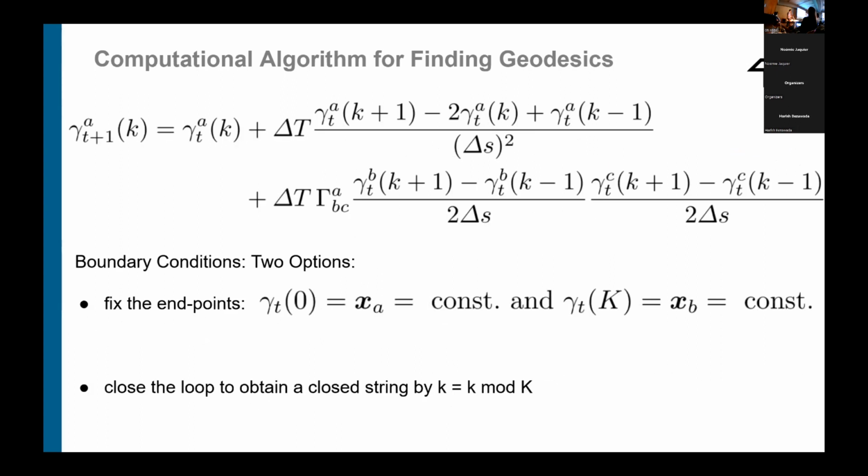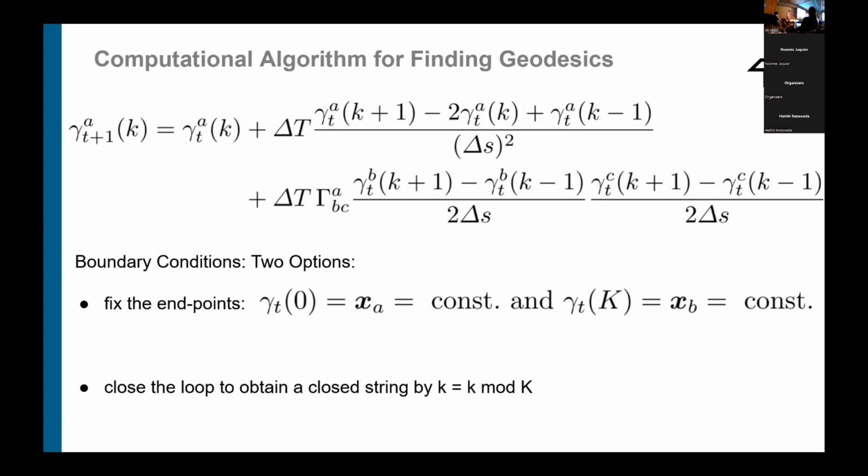Then the last point to talk about is the boundary conditions for this. There are two options. If we want to find geodesics between 2 points, we would just set the initial and the final point to the 2 points we want. So this is quite simple.